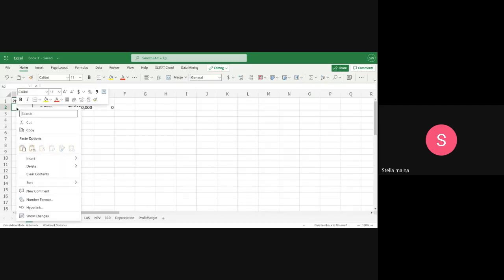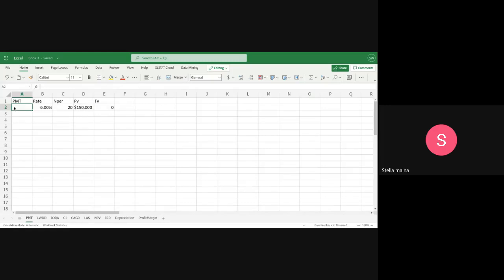I'm now going to insert a formula for the payment of the loan. Remember, we have talked about this before, that to create a formula you start with an equal sign.